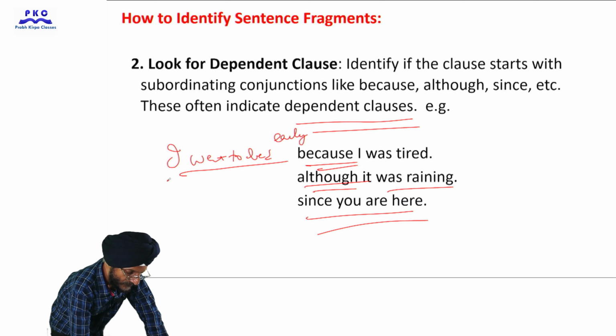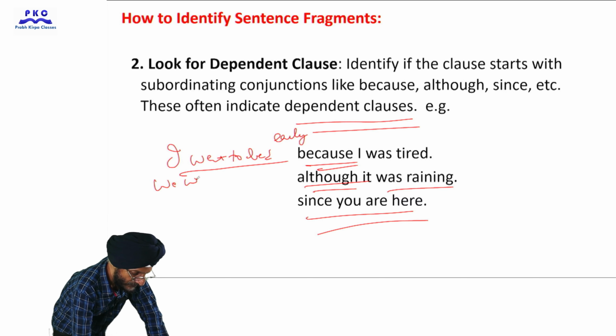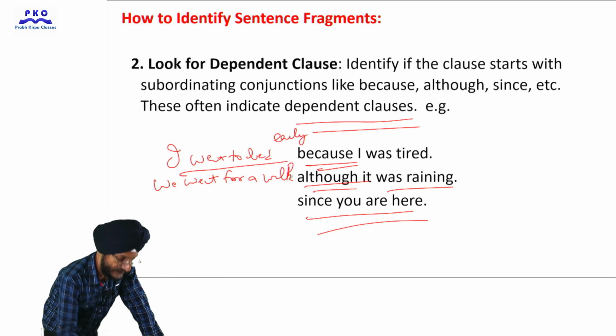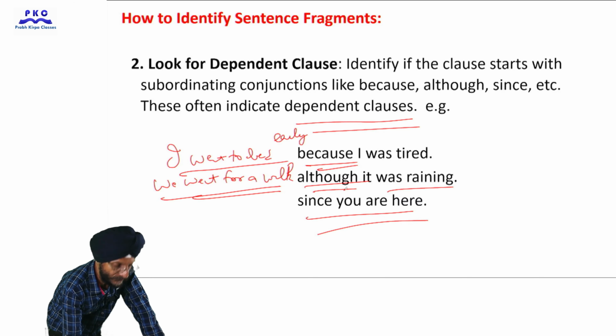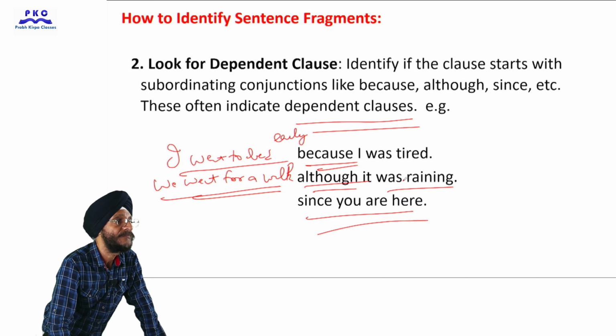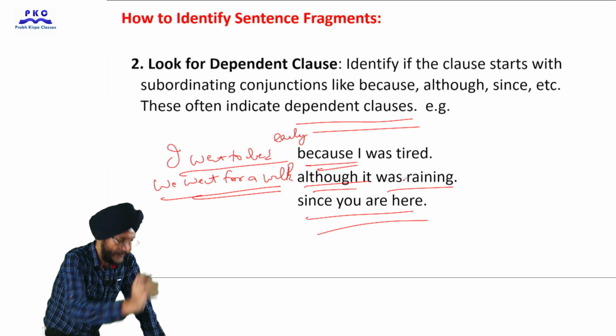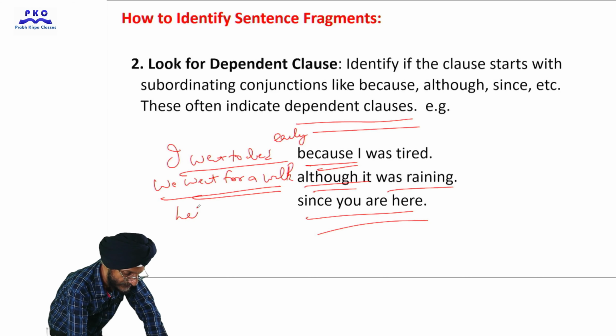Next, we went for a walk although it was raining. It is again an independent clause followed by a dependent clause. Since you are here, it is a dependent clause. Let us complete the sentence. Let us have dinner.